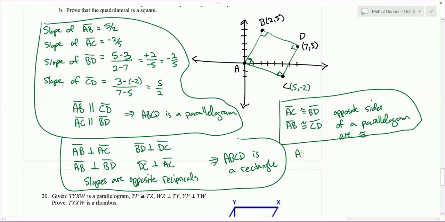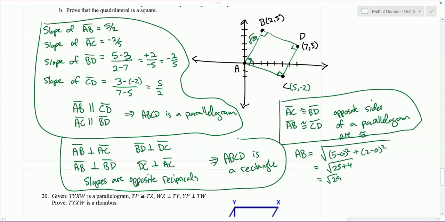So AB, using the distance formula, is going to be the square root of 5 minus 0 squared plus 2 minus 0 squared, which is the square root of 25 plus 4, which is the square root of 29.